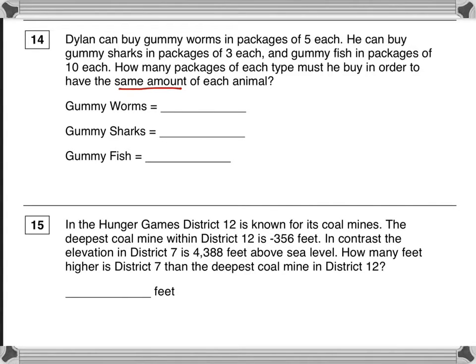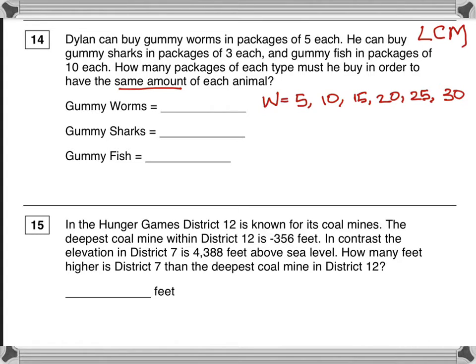Well, this is an LCM problem, least common multiple, in disguise. So I'm going to list the multiples for worms: 5, 10, 15, 20, 25, 30.